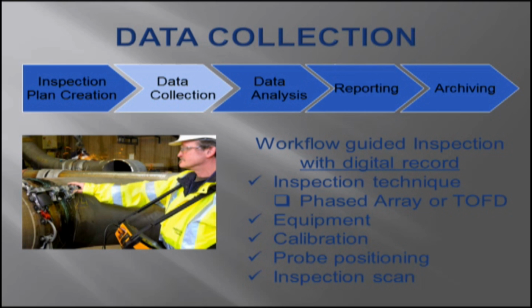So it walks the inspector through all of the steps. I'm going to be showing an animation a few slides down, which makes it a little bit more evident in terms of when the inspector is on site, how it aids the inspector ensuring that he is performing the inspection as specified.